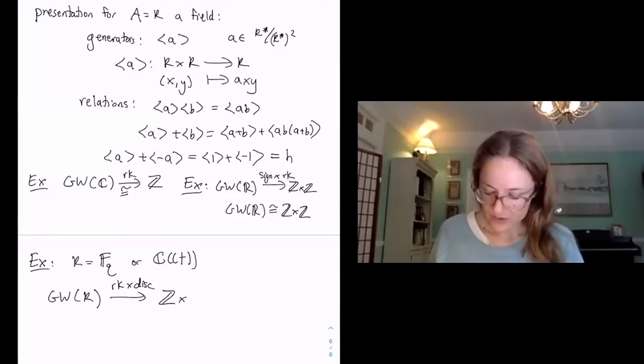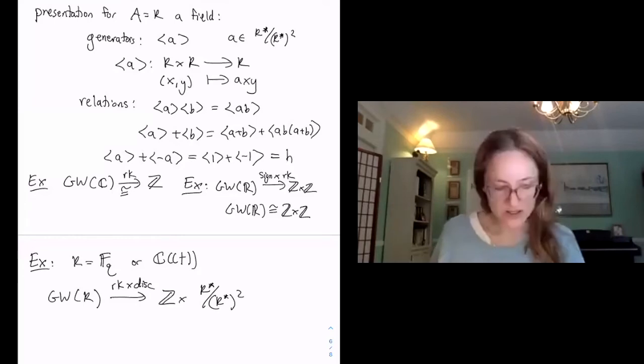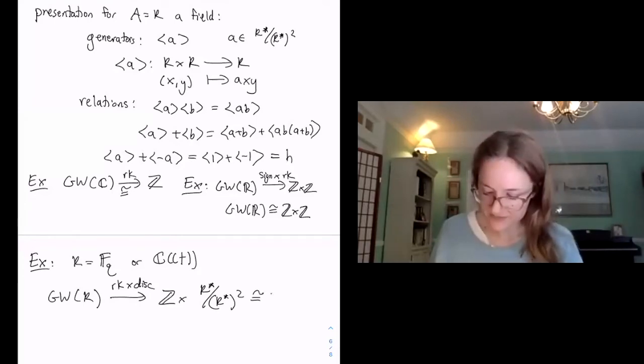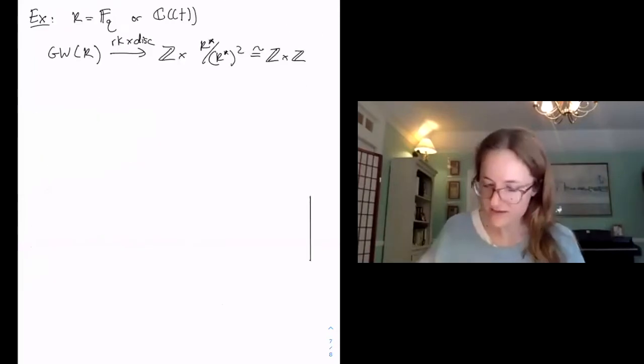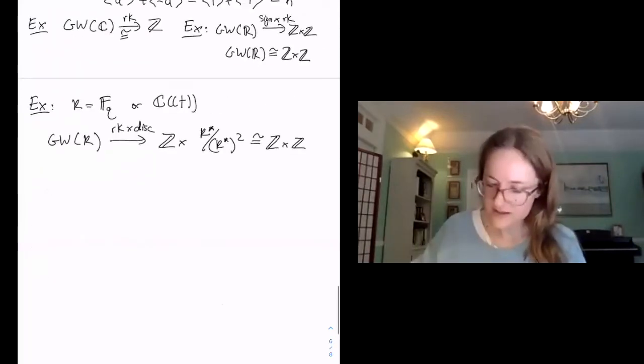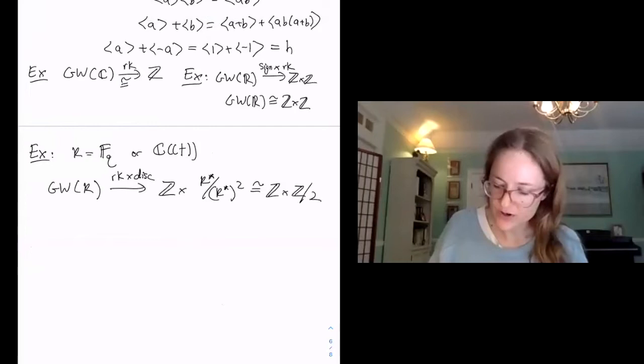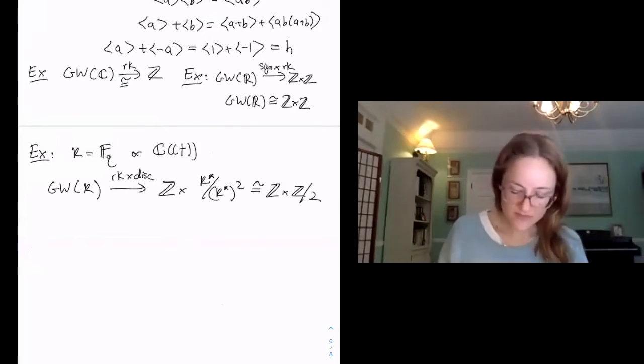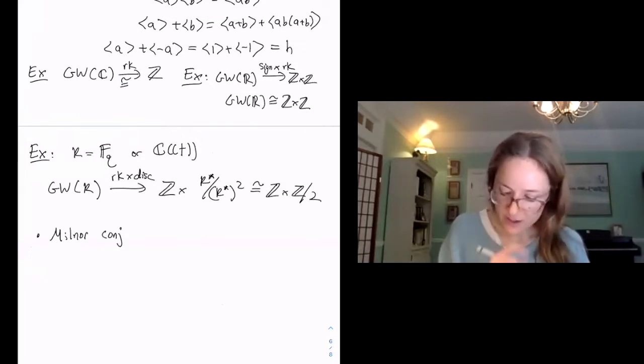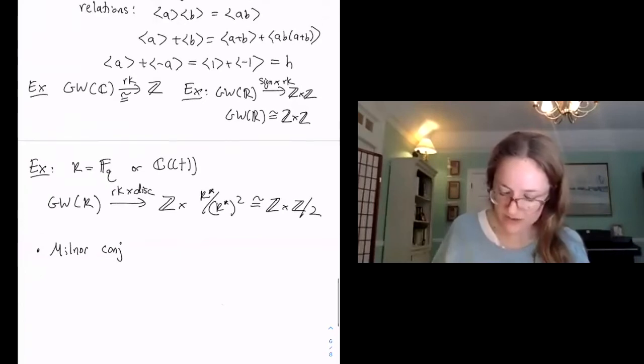So this goes to Z times K star over K star squared, which, let's say q is odd, gives Z cross Z mod 2. And then we have invariants coming from the Milnor conjecture, which was a great achievement of A1 homotopy theory.